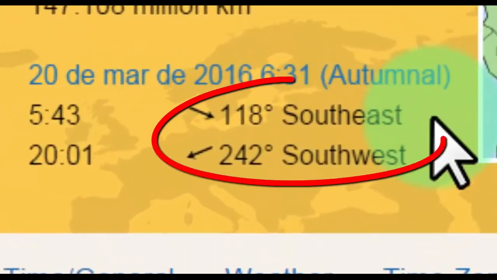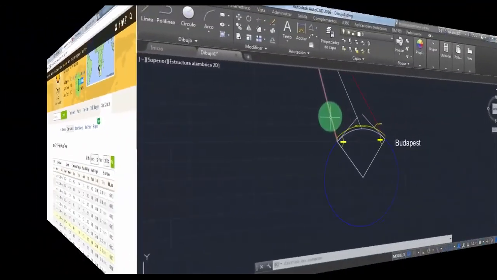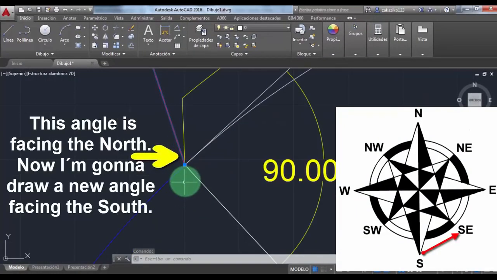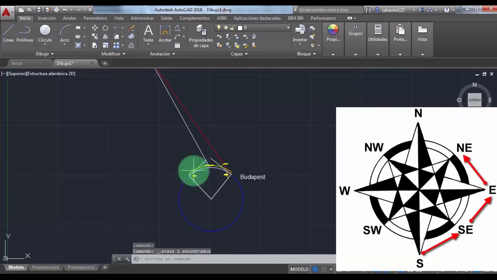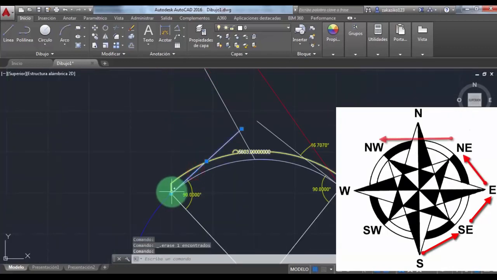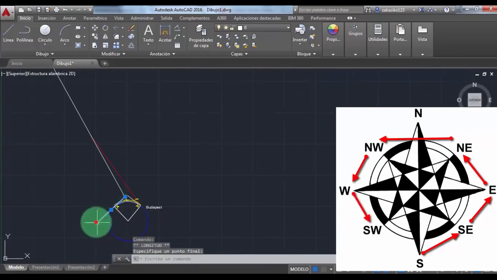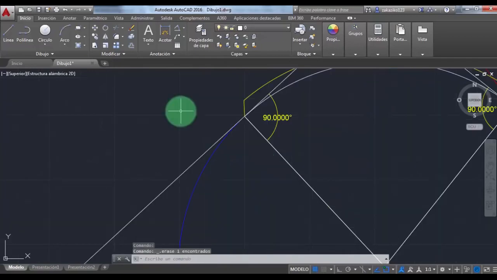The website says that in January, the sun in Cape Town rises in the south, and then it moves to the southeast, and then to the east, and then to the northeast, and then to the northwest, and then to the west, until it finally sets in the southwest. Now I don't know how that is possible on the ball Earth, but it's okay.